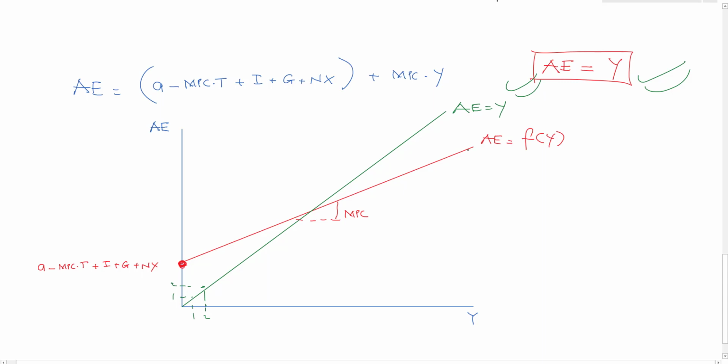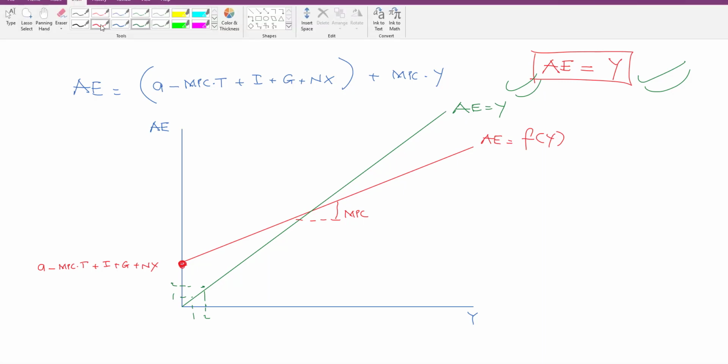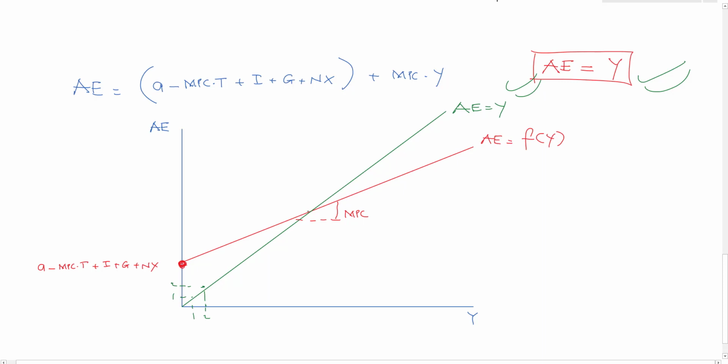So remember the question that we asked. This is the actual aggregate expenditure line for the economy, and we were wondering where on that line do we achieve equilibrium? It was difficult to know, but we also know that all the points on this line here are such that the equilibrium condition is satisfied. So we just need to find the point of intersection between our actual aggregate expenditure function and the line that came as a superhero to help us.